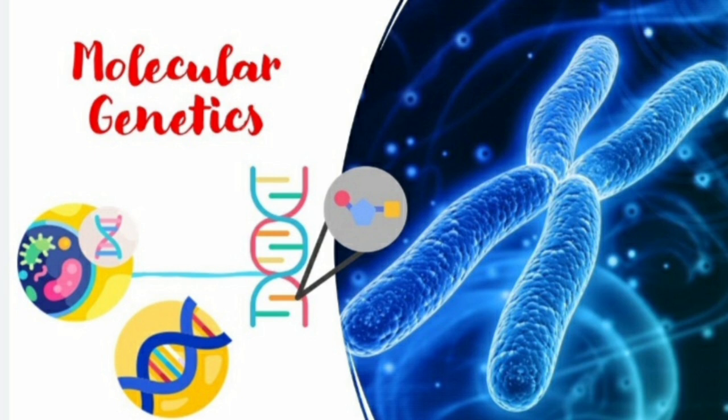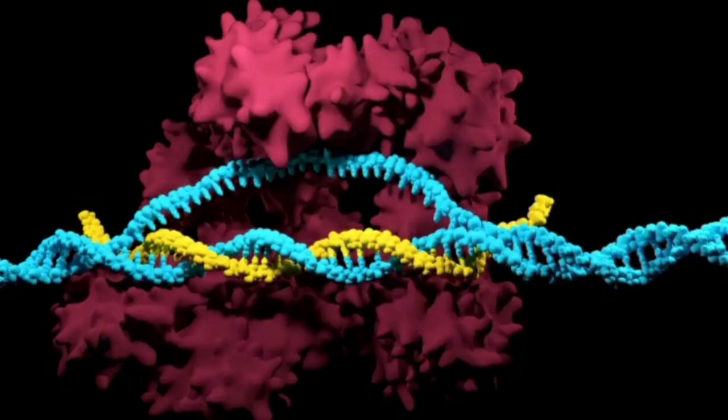This can be done to introduce new traits like pest resistance in crops or to produce therapeutic proteins like insulin. CRISPR-Cas9 technology has enabled precise editing of genes, with the potential to treat genetic disorders by correcting faulty genes.